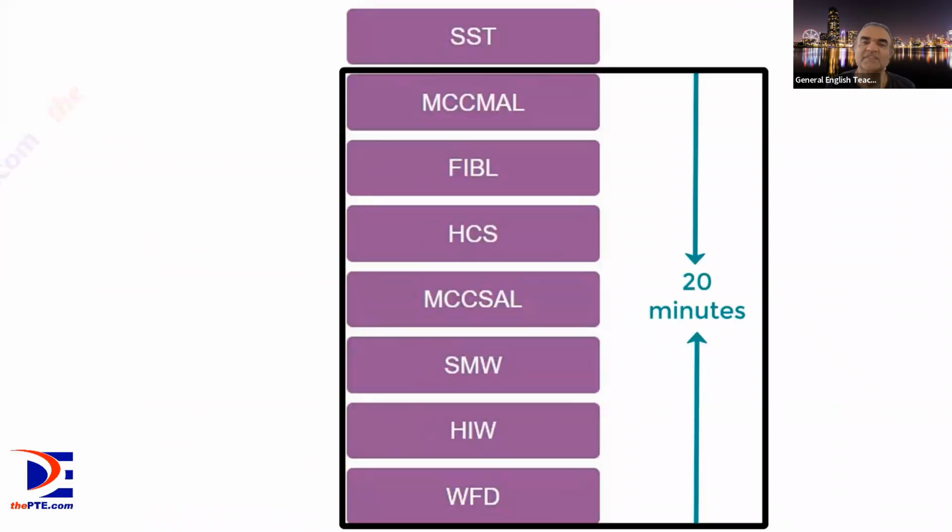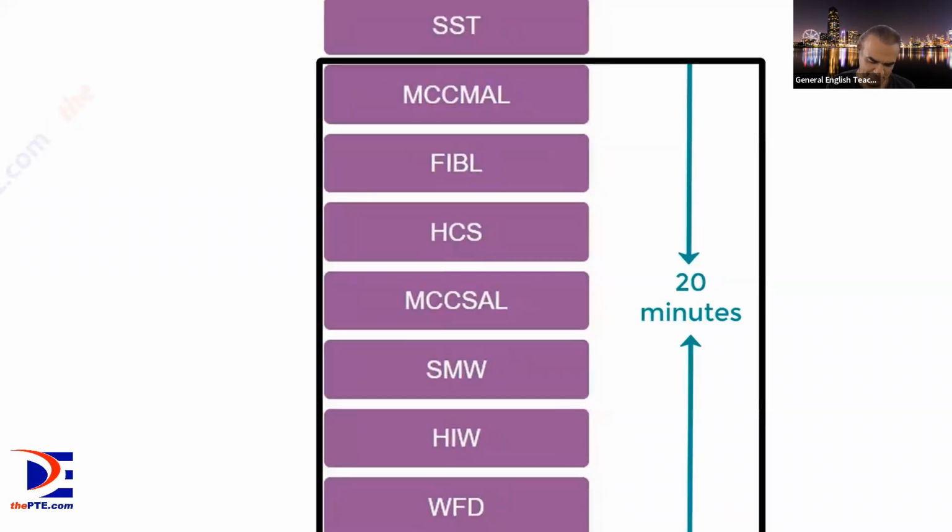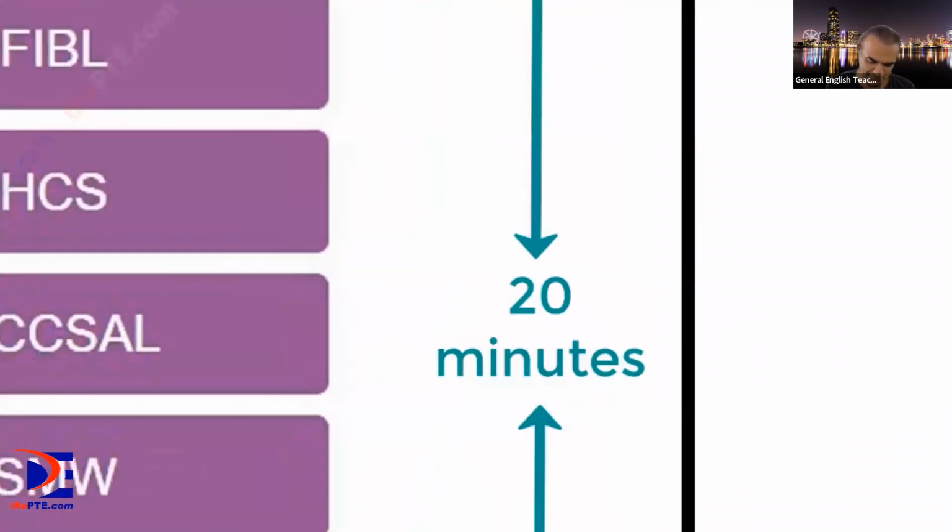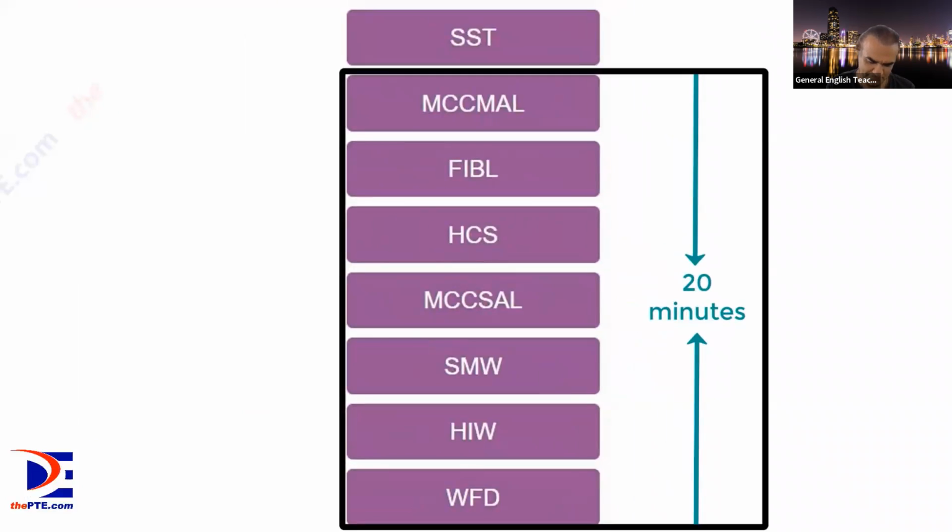Because write from dictation test items are strategically put at the end of the listening section with a countdown timer, it is up to the PTE candidates to manage their time so that they will have enough time for this section. Because if you don't pay attention, your time may run out even before you come to write from dictation.